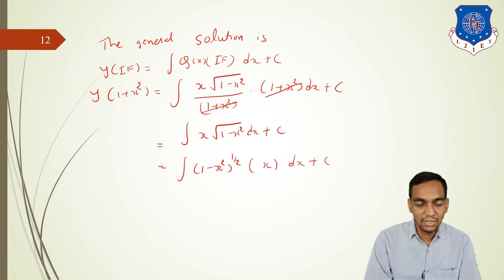So the derivative of 1 minus x square will be minus 2x. So multiply and divide with minus 2. So this is f(x) raised to n into f dash x, and that will be f(x) raised to n plus 1 upon n plus 1. That means 1 minus x square raised to 1 by 2 plus 1, that is 3 by 2, upon 3 by 2.